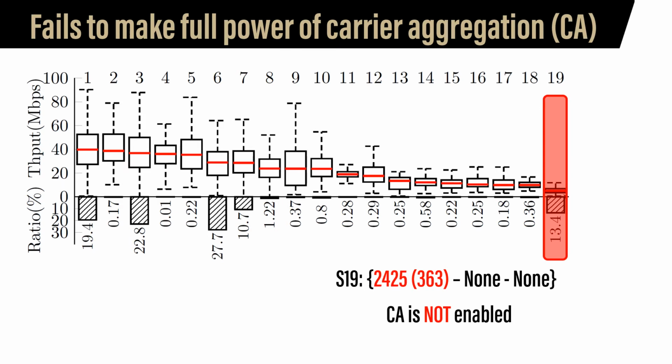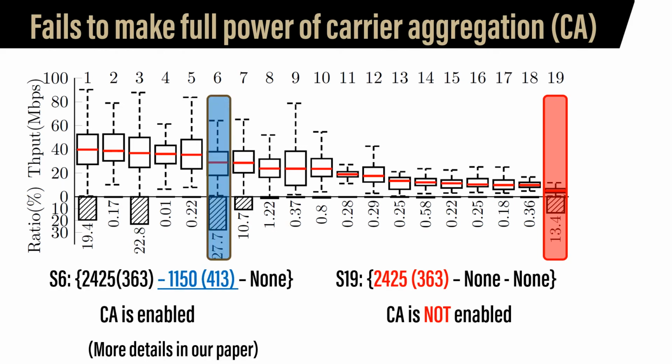We can clearly see the last set, 19, is poorly performed without carrier aggregation enabled. But sometimes when carrier aggregation is enabled, like here, set 6 by the same primary cell, the performance is much better. Unfortunately, carrier aggregation is not enabled all the time, as it is limited by the current implementation at the network side.